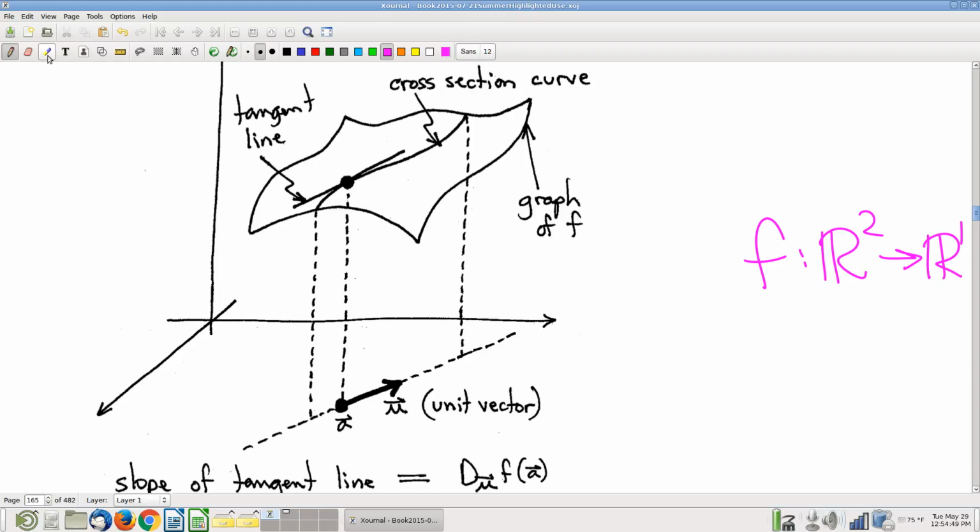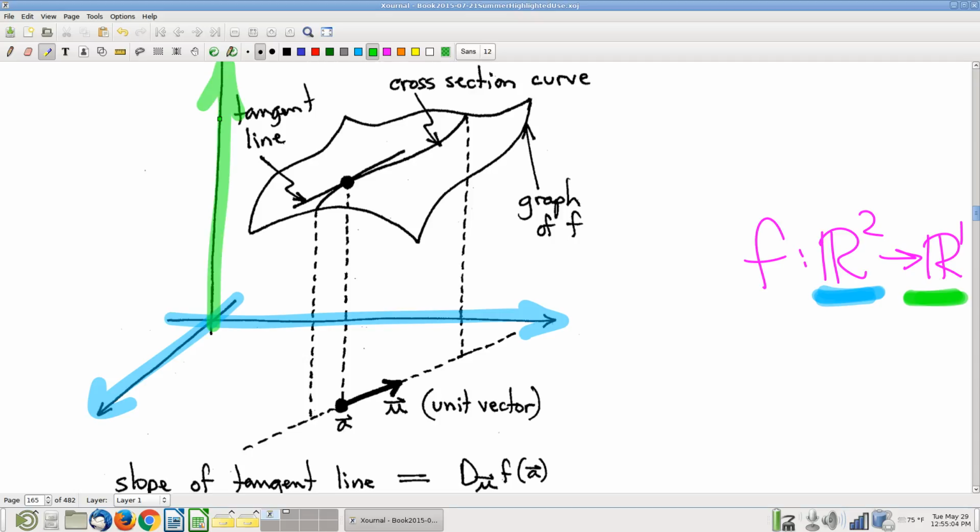All right, so our domain is, you might say, represented by the xy plane down here. The target is represented by height. This being a function from R2 to R1, the graph is a surface.